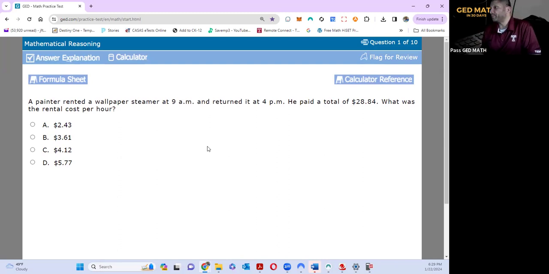So, a painter rented a wallpaper steamer at 9 a.m. and returned it at 4 p.m. He paid a total of $28.84. What was the rental cost per hour? Start now.